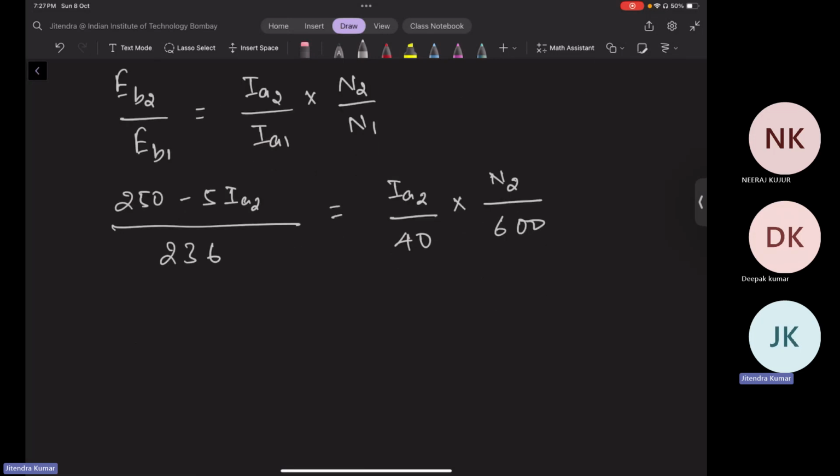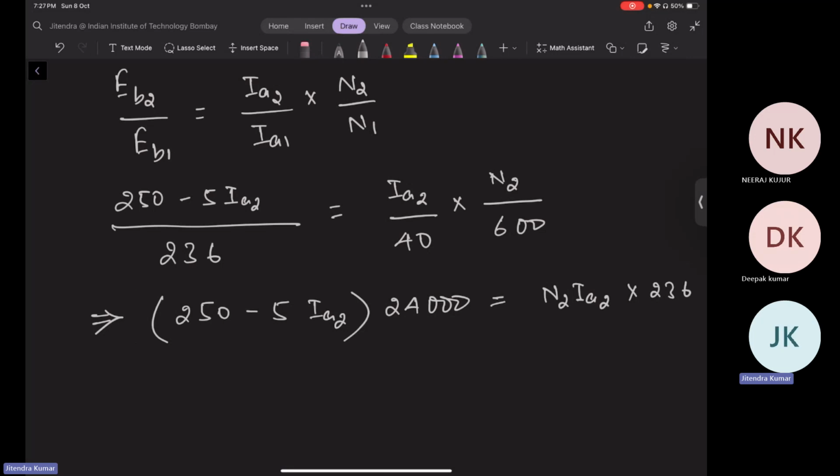So from this expression, 250 minus 5 Ia2, into 6 for the 24,000, is equal to N2 Ia2 into 236.